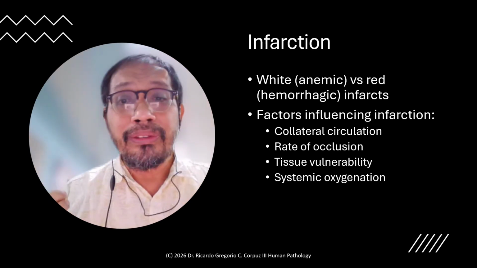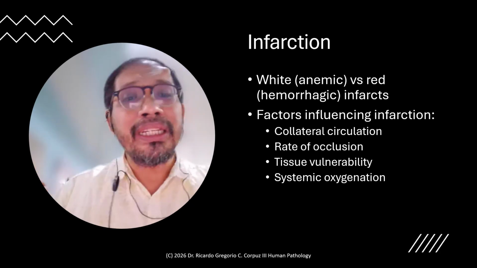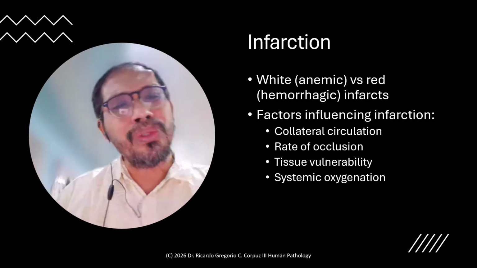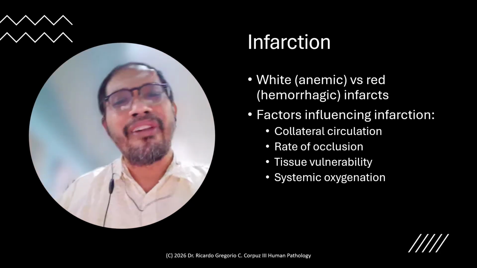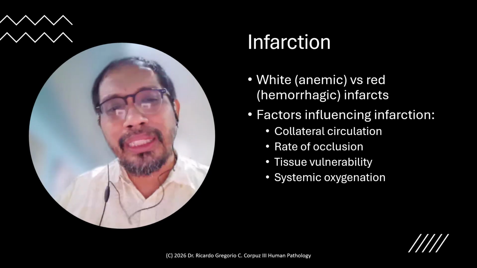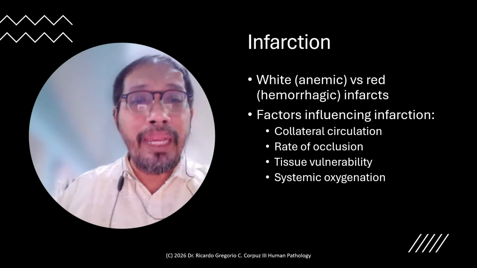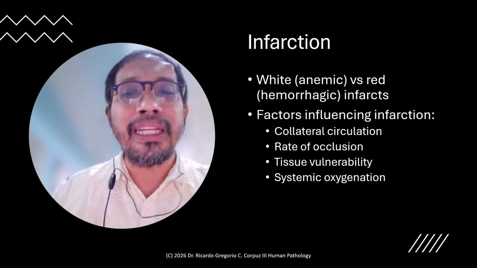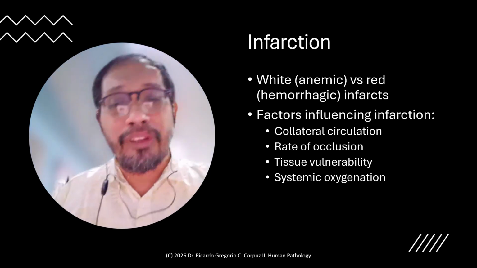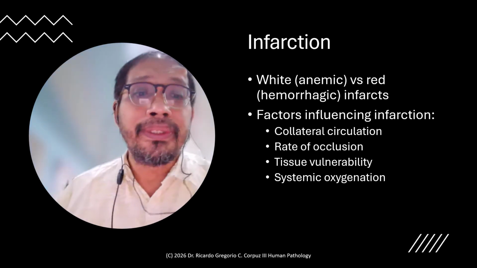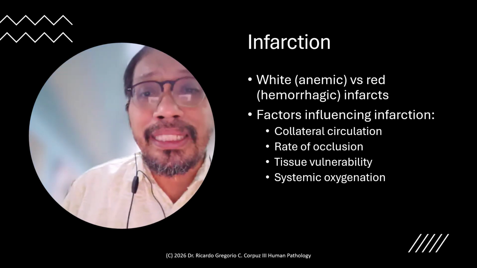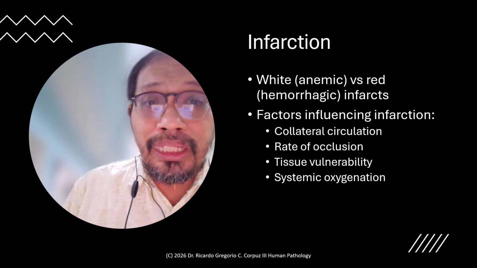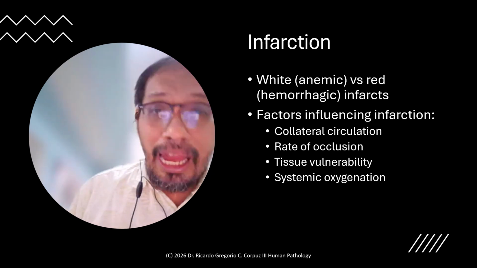So just remember, infarction is an ischemic necrosis due to vascular occlusion. Red versus white infarct depends on the tissue type, blood supply, and mechanism. Collateral circulation is the most important protective factor. Tissue sensitivity and systemic oxygenation strongly modify outcomes.